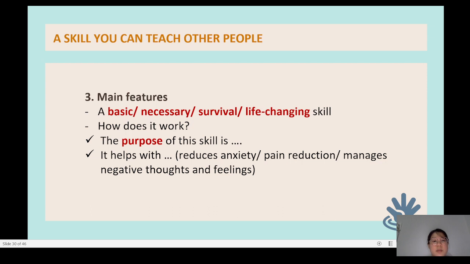The purpose of this skill is, or you can mention some benefits of this skill. It helps with reducing anxiety or pain, or manages negative thoughts and feelings. Or you can use other words that you want.